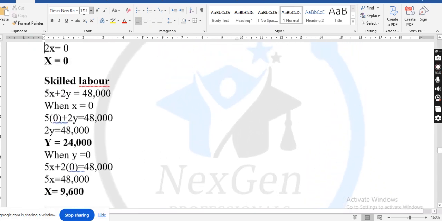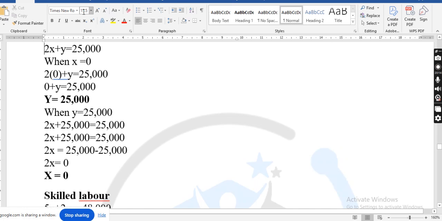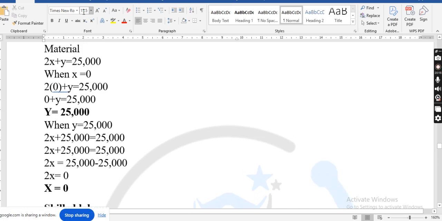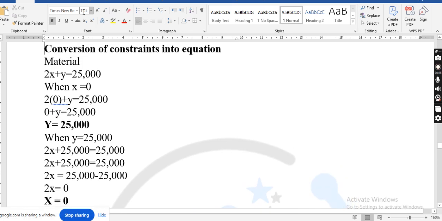We did the same thing. No, we didn't use the same thing. We started from when s is equal to 0. What is y? Right? Okay. Oh, that's true.